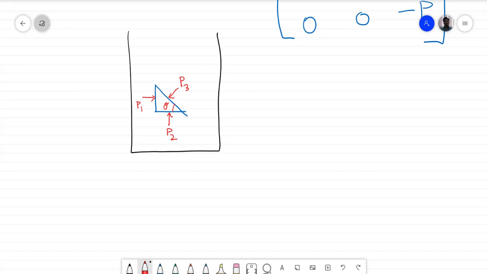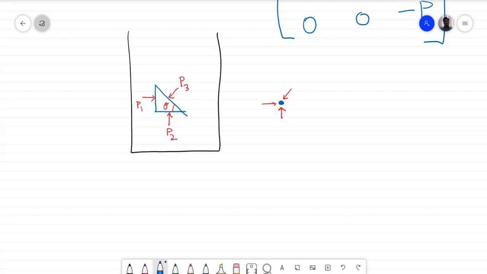So let's assume that the length of the sides of this triangle approach 0. So on this point, the pressures in the x, y and this arbitrary direction are different. Let us assume that for now.